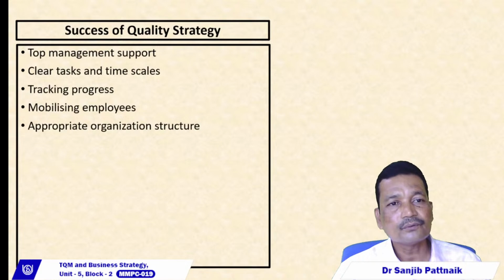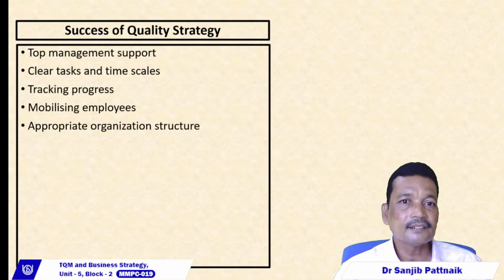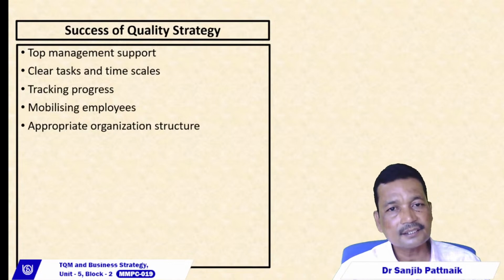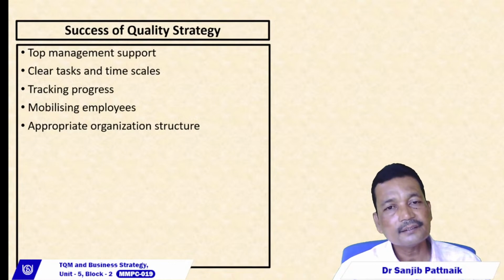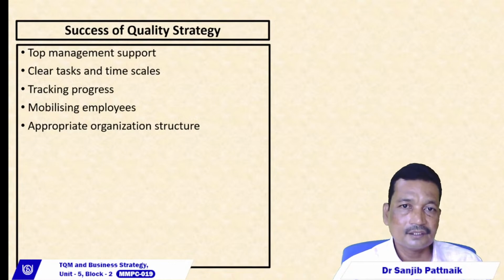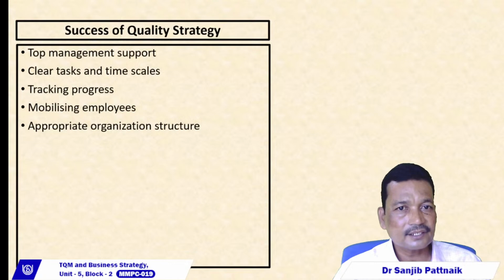So what can we do for the success of quality strategy? We have seen a large number of Japanese organizations like Toyota, like Mitsubishi, like Sony, etc. Many European brands are there, American brands are there, which have gone for quality strategy and have become successful. Top management should support the quality strategy.